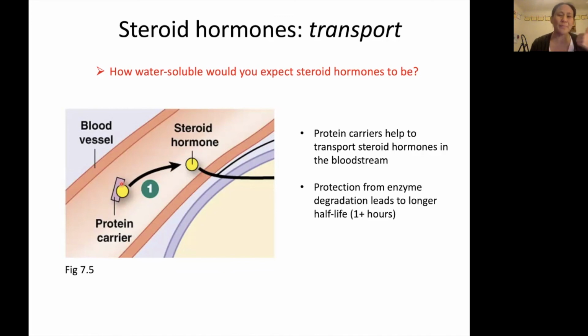Remember with the peptide hormones, those guys were floating around freely in the plasma, and they were easily accessible by the enzymes in the bloodstream, whose job it is to break down hormones. For these guys, since they're protected by the protein carriers, it's going to be harder for those enzymes to get to those hormones. Therefore, they're going to last longer in the bloodstream. So they have a longer half-life, an hour or more, can be several hours.